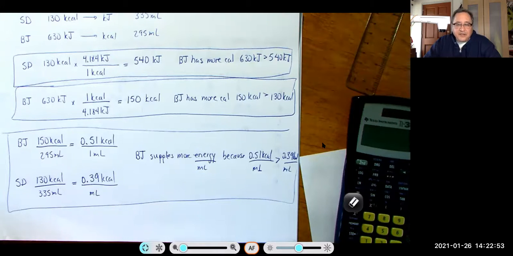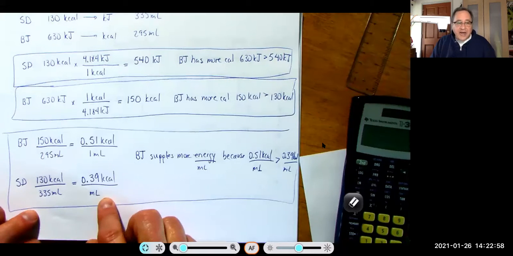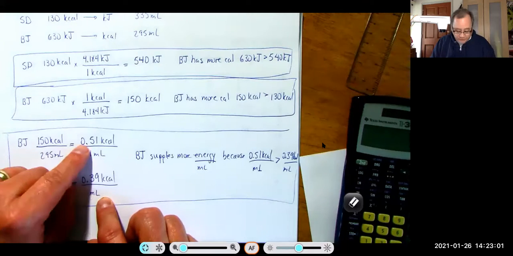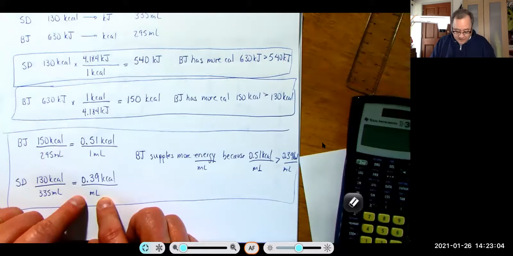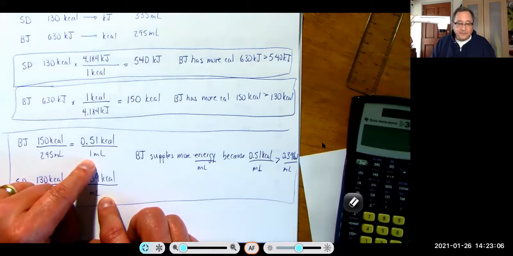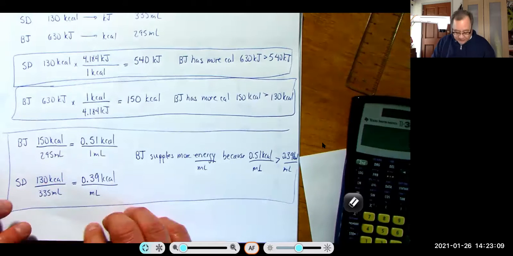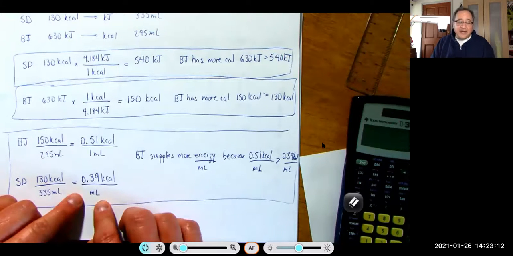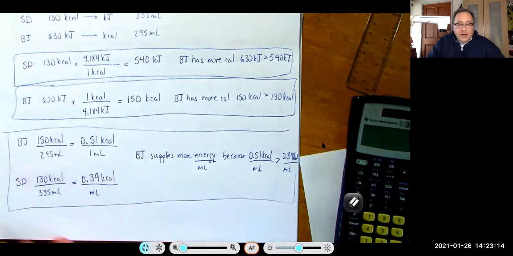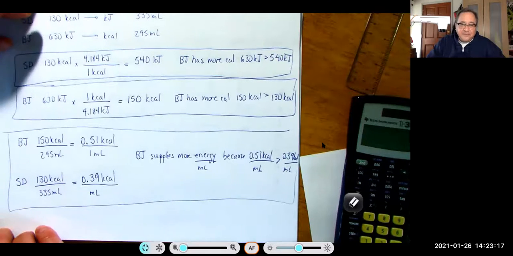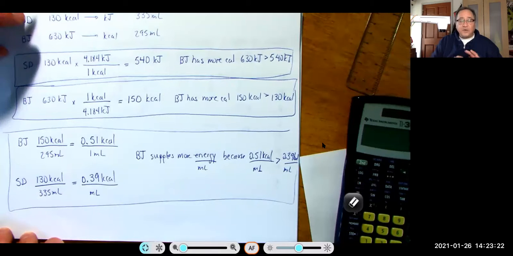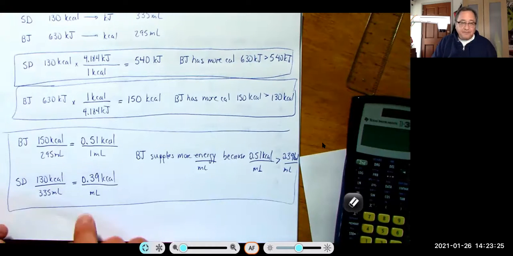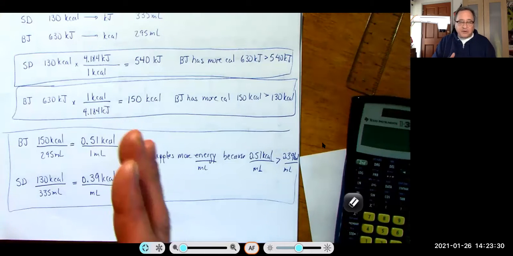And the answer is no, because the evidence shows that there's more calories per milliliter for the juice than for the soda, but not that it's better for you. To make the scientific claim that the soda at 0.39 kcals per milliliter is better for you, you have to define what you mean by better. If by defining better you mean the calories per milliliter, regardless of anything else, then yeah, soda is better for you. But you have to know what your parameters are.